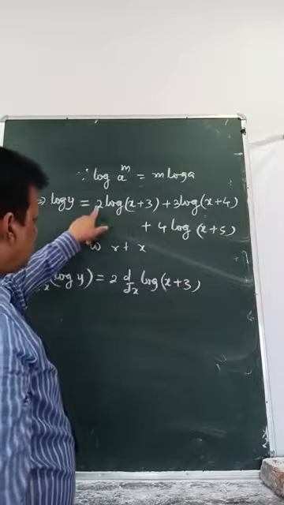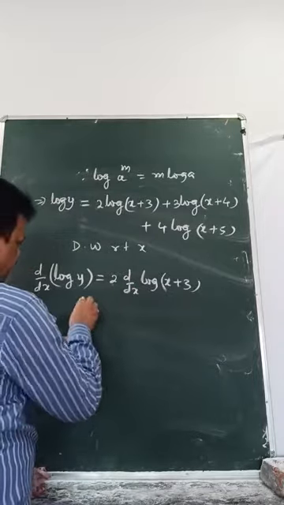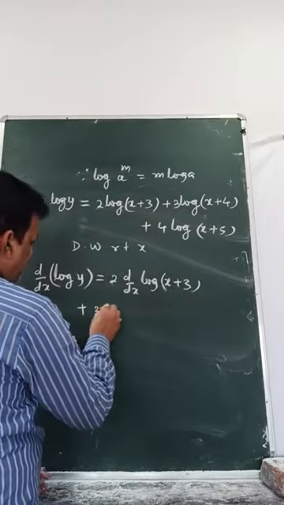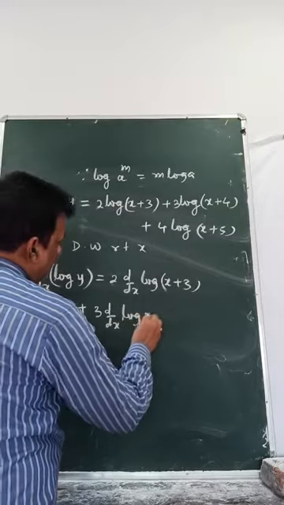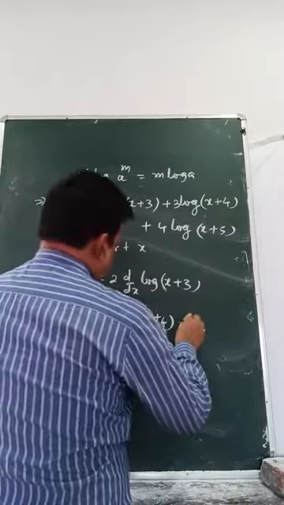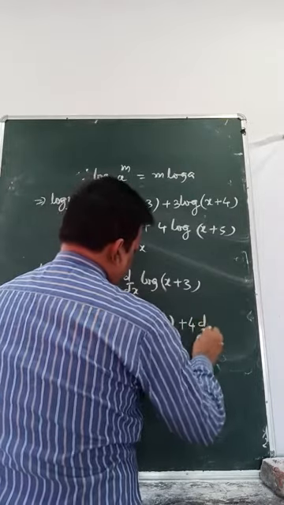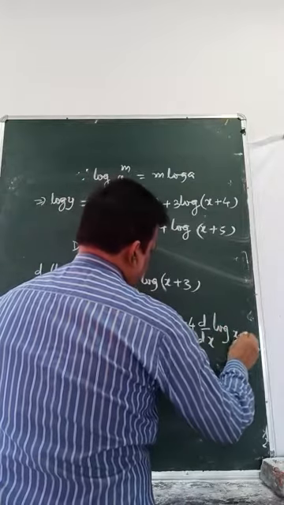Now this is c f(x) form, so c can remain outside. Plus 3 will remain out, d/dx of log x plus 4, plus 4 will remain outside, d/dx of log x plus 5.